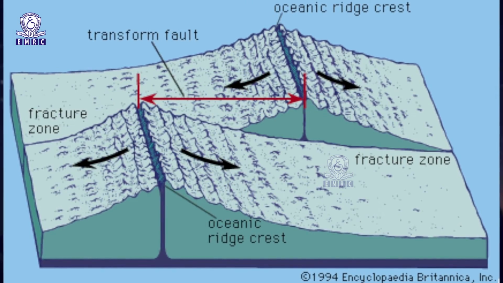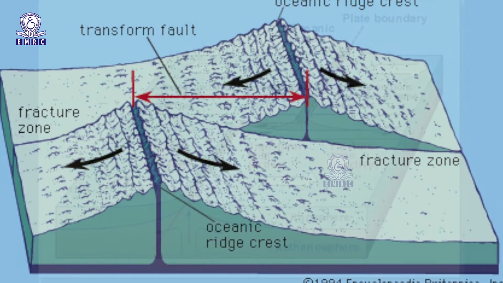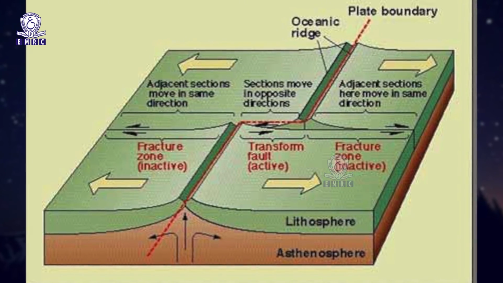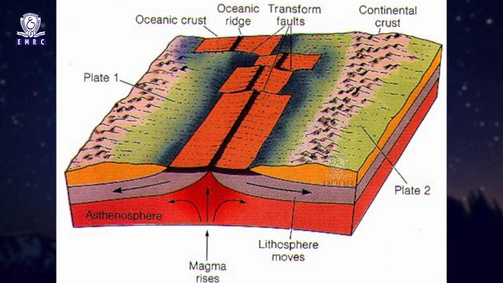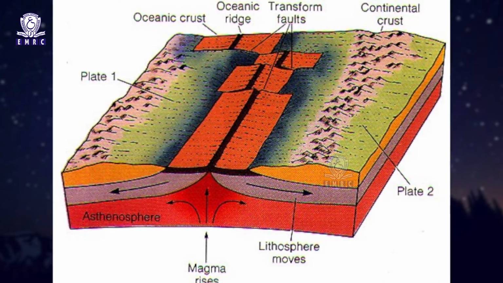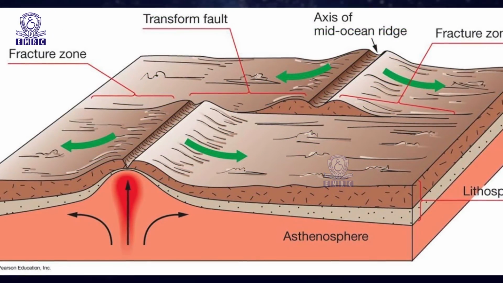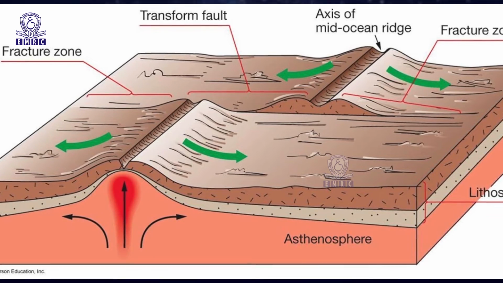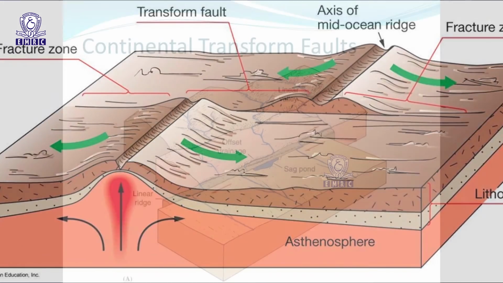Transform faults are located perpendicular to the mid-oceanic ridges. The movement of the plate is parallel or lateral. Transform faults are found to transect or offset the mid-oceanic ridges. The transform faults link plate generation areas, that is, mid-oceanic ridges, with plate destruction areas such as trenches.